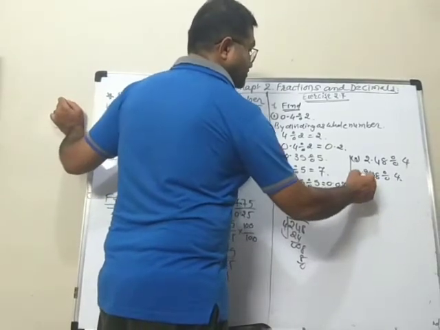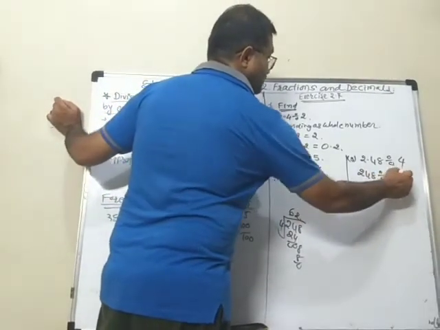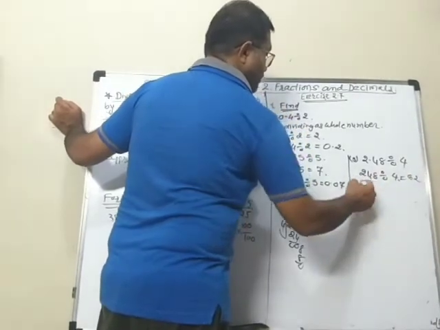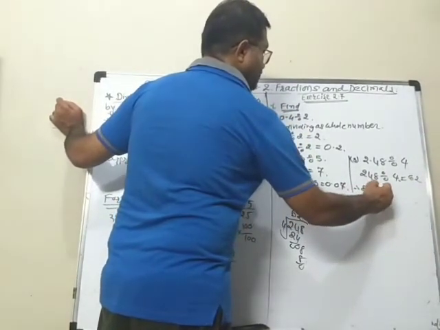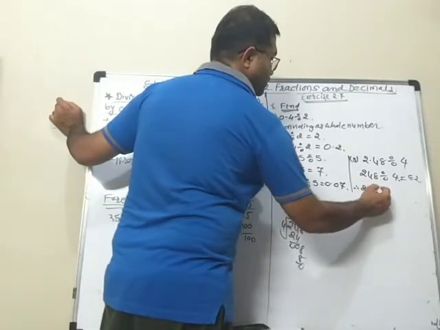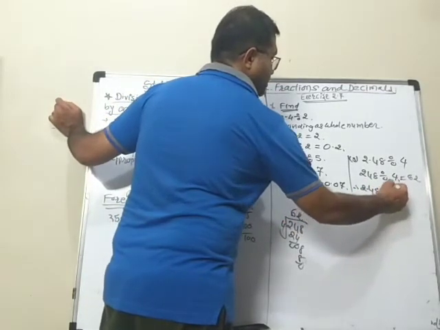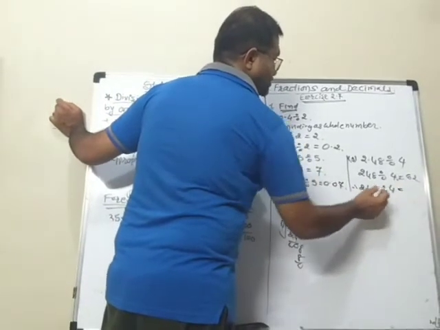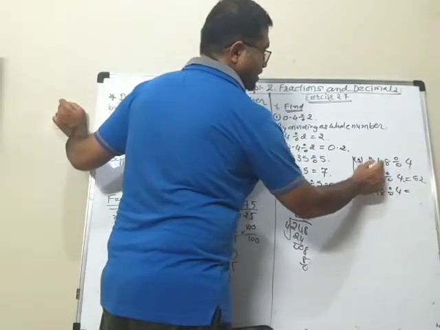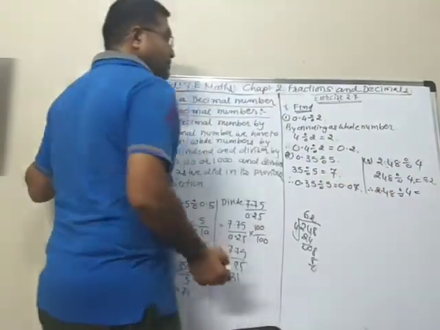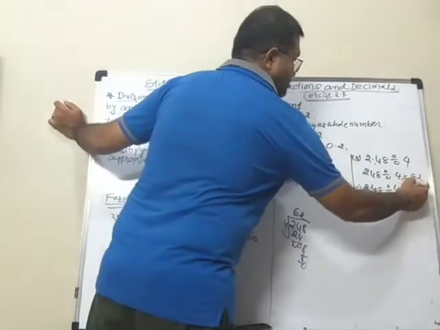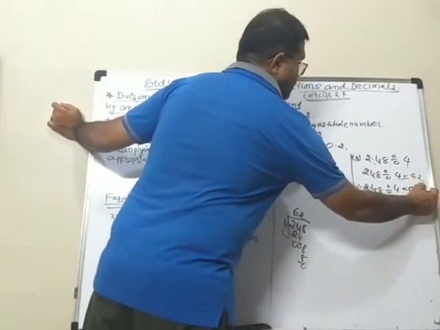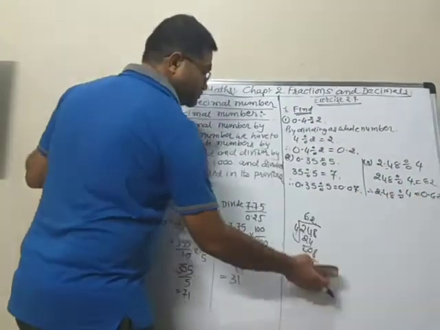So the answer is 62. And therefore 2.48 divided by 4 is equal to, how many decimal places are there here? 2. So in the answer also there must be two decimal places. So the answer will be 0.62.